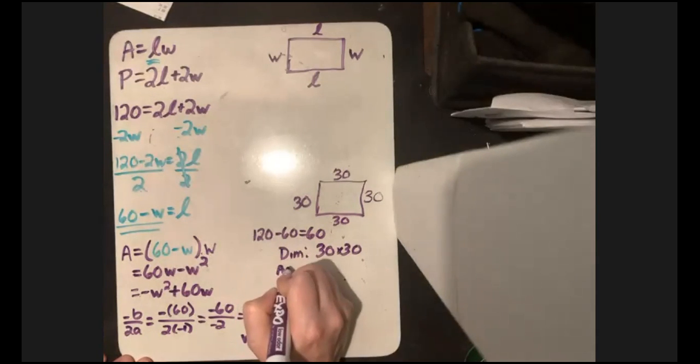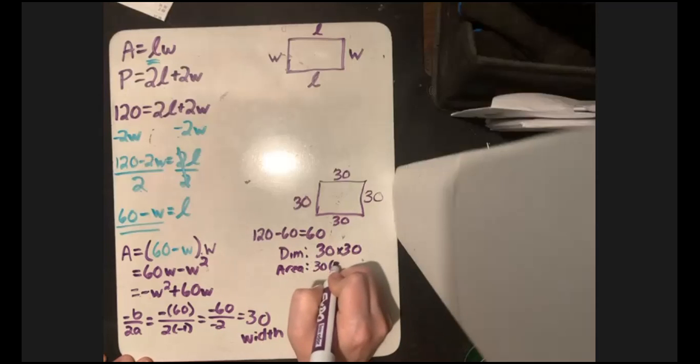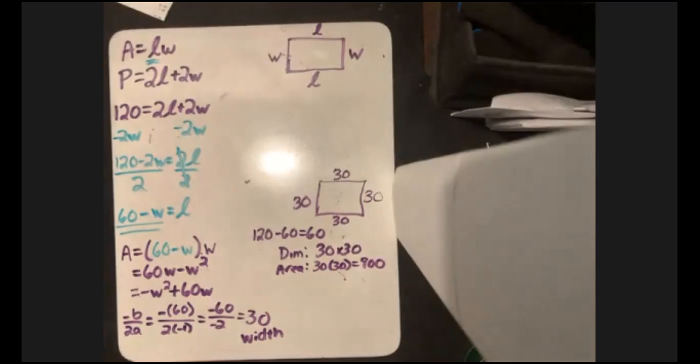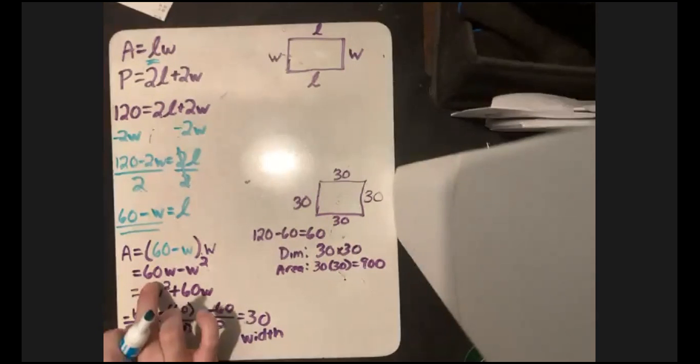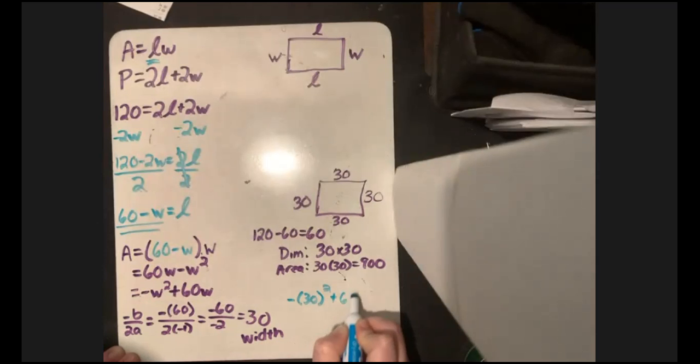And that area is 30 times 30, which is 900. Now, you could have also found this area by plugging this 30 back into this equation. If we had done that, negative 30 squared plus 60 times 30, it's negative 900 plus 1800, which is 900.